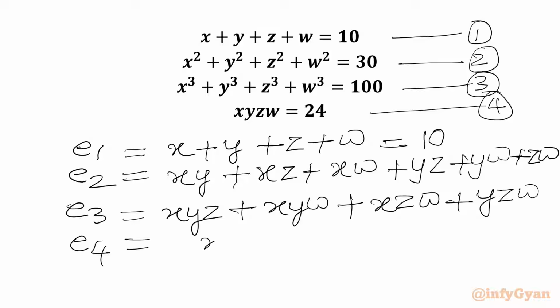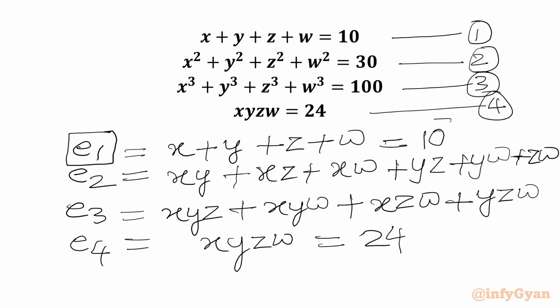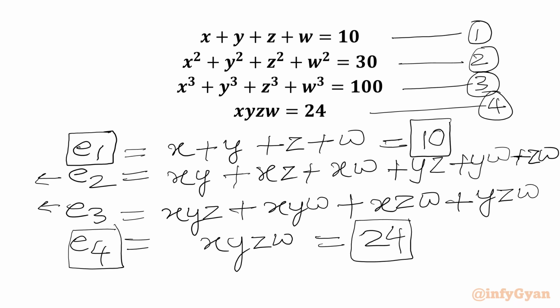E4 is product of roots xyzw. From fourth equation, we can write equal to 24. So we have E1 10, we have E4 value 24. So E2 and E3 is our target. We have to find E2 and E3 value.